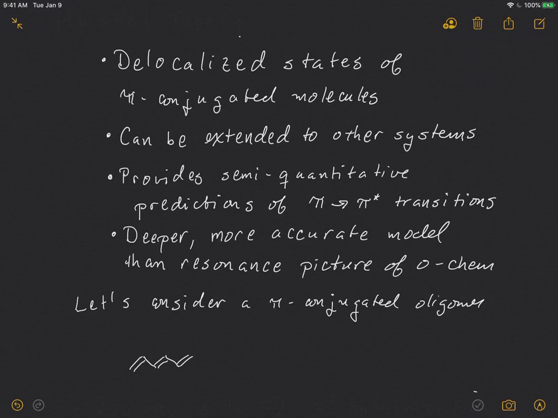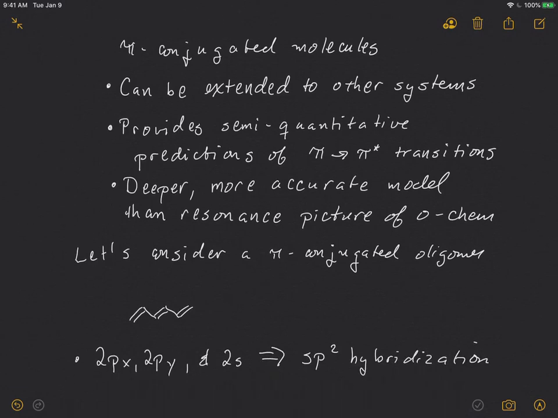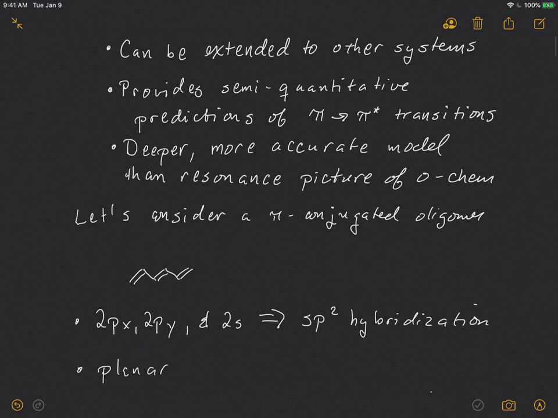So let's start by considering a pi conjugated oligomer. The 2px, 2py, and 2s orbitals combine to form the sp2 hybrid molecular orbitals, and that forms the sigma bonded backbone of the molecule. And this molecule is planar because sp2 hybrid MOs have this trigonal planar structure.